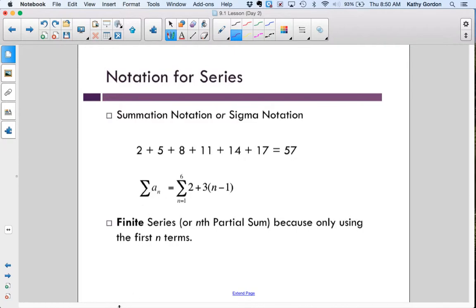So remember we did those last class, coming up with those functions that represented what the equation would be, what the sequence would be.